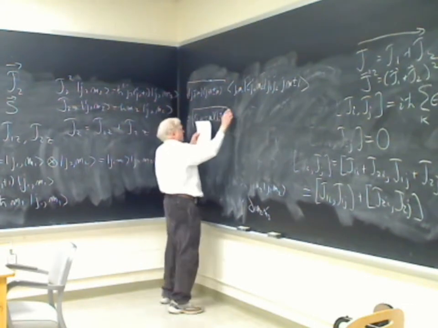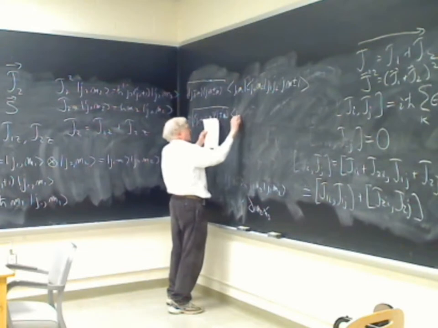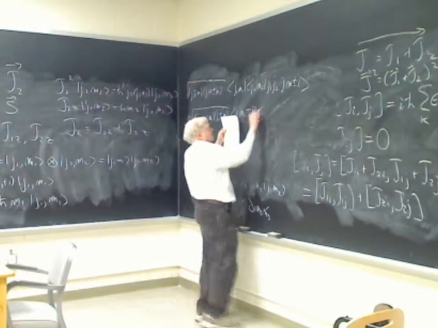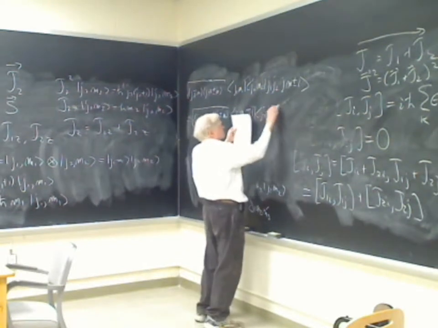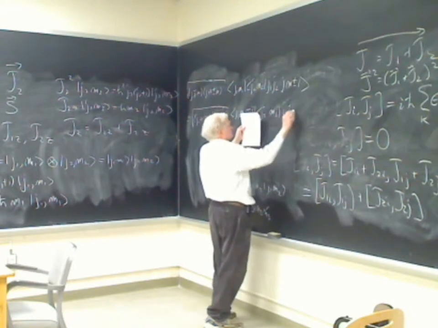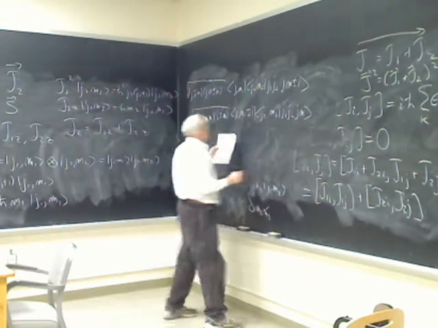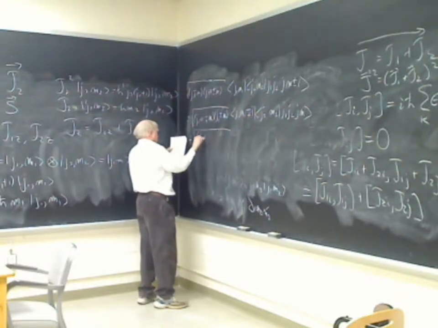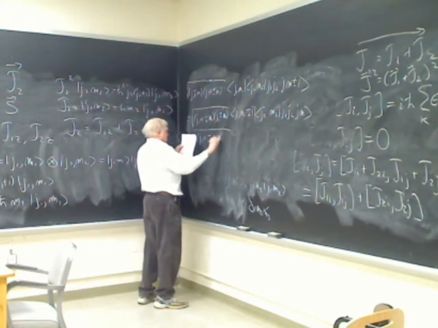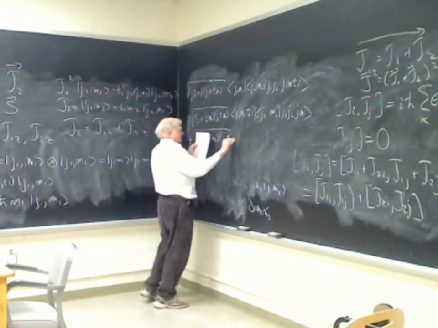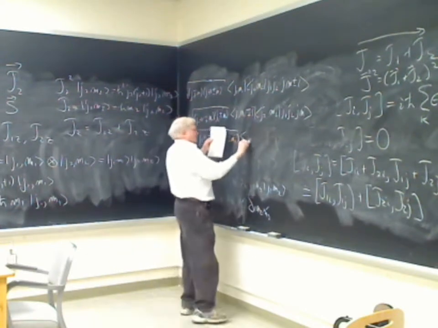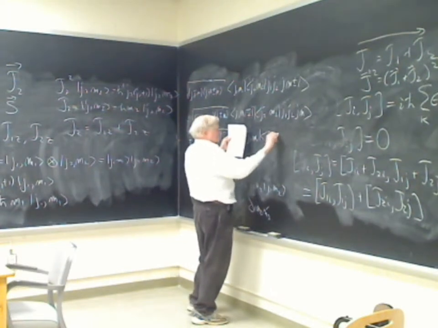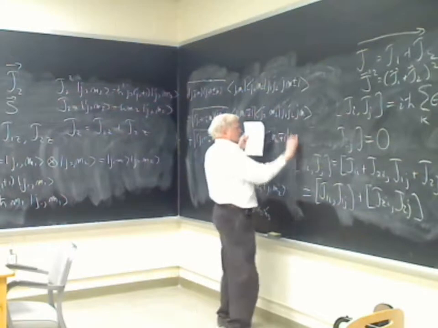I've also dropped the primes. j1 m1 minus or plus 1, j2 m2, j1 j2 jm, plus square root of j2 plus 1 minus or plus m2, j2 plus or minus m2, j1 m1, j2 m2 minus or plus 1, j1 j2 jm.